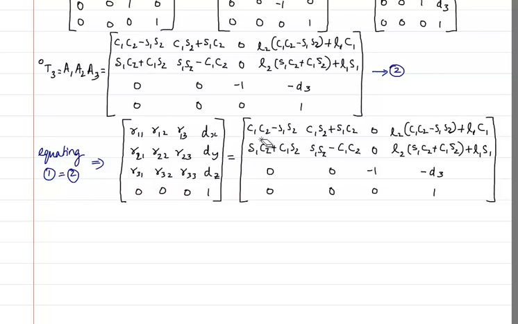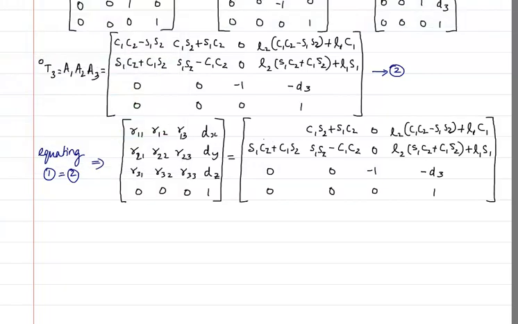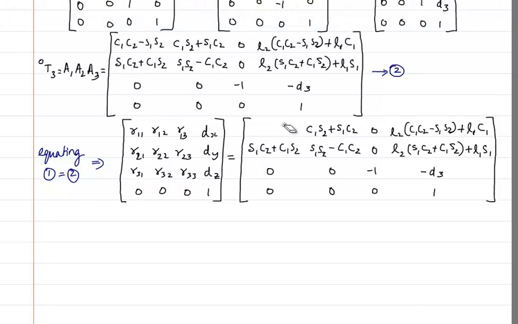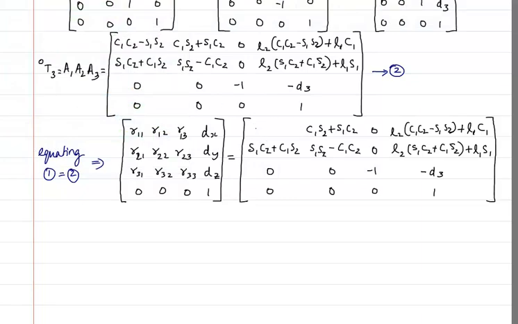This I can write as cos of theta 1 plus theta 2. Now I could have written C12 directly here. That is also one of the notations that we use. So I will write it as C12.